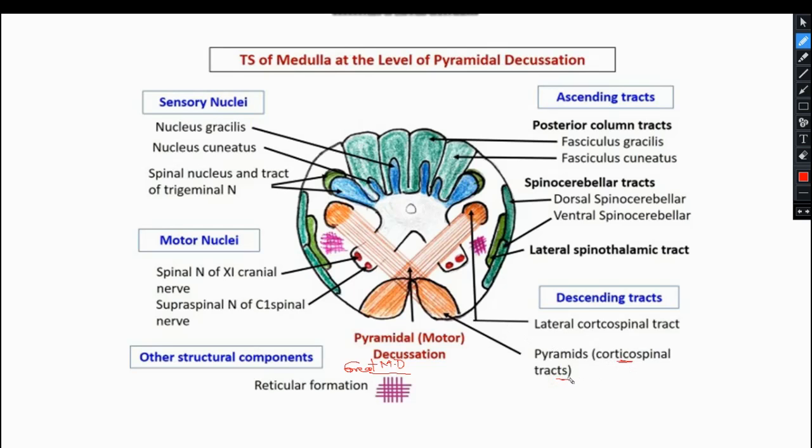The fibers of this corticospinal tract travel between the spinal cord and the cerebral cortex via the medulla oblongata. We study this as the lateral corticospinal tract, and the other is the anterior corticospinal tract.